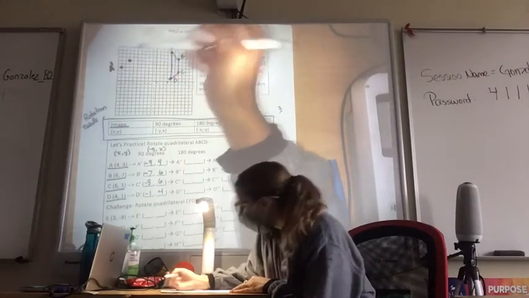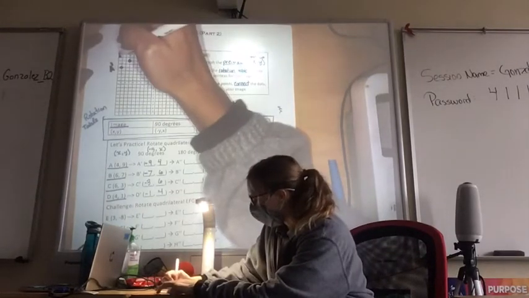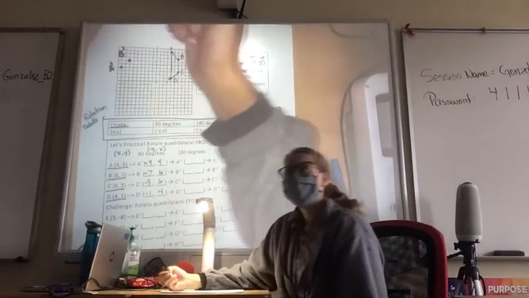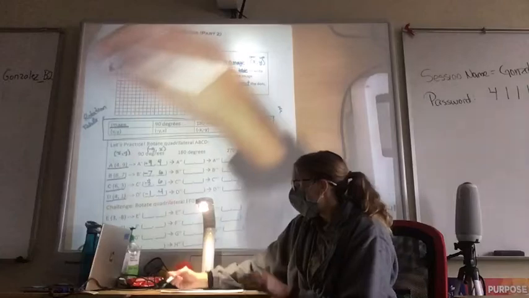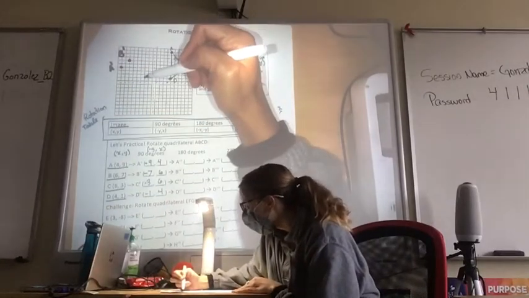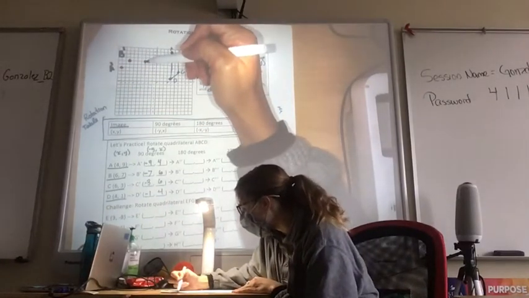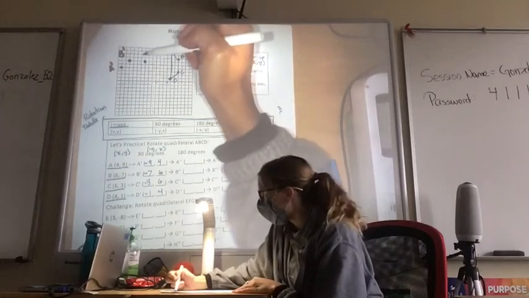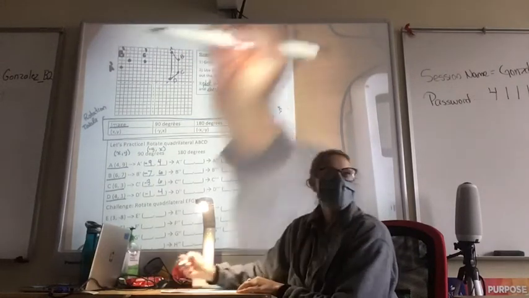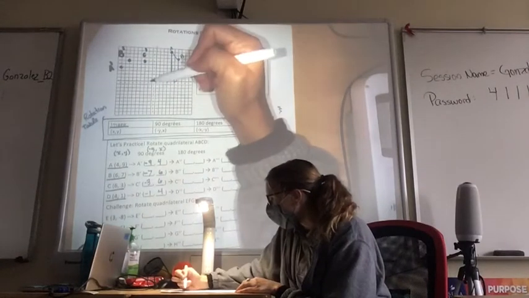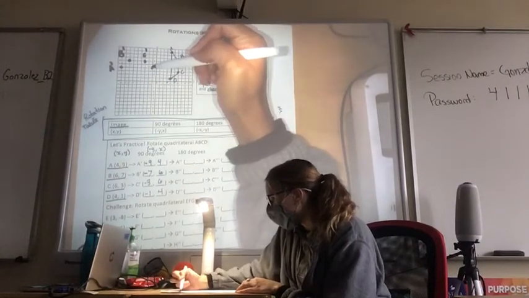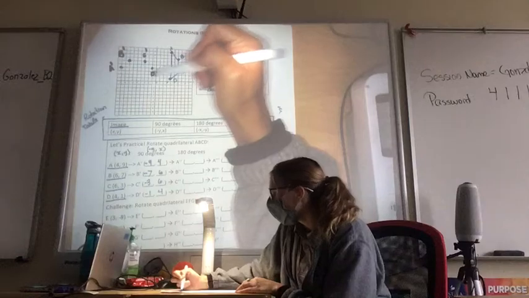Put a dot here. Call this B prime. C prime is at negative 3, 6. Put a dot here. Call it C prime. And D prime is at negative 1, 4. Put a dot here. Call it D prime.